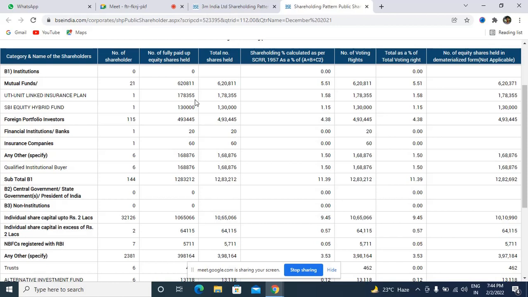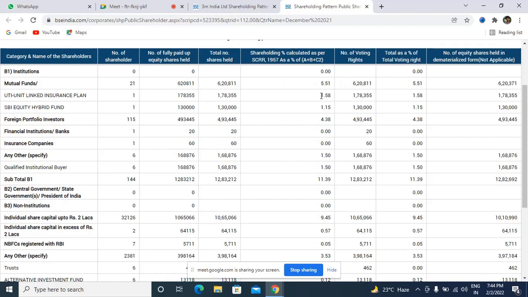Okay, mutual funds, 5.51 plus. Are you guys clear with these calculations? If you total all these figures, it won't be 11.39.